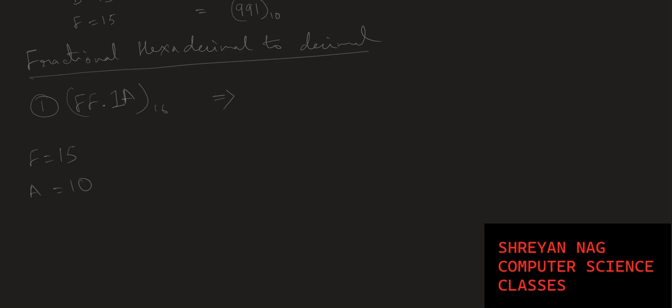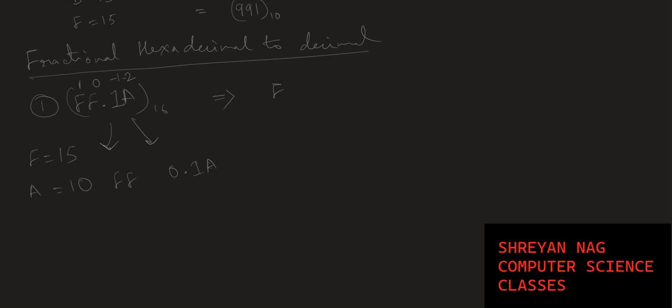Same process as before. We need to split it up into two parts, FF and 0.1A. First we do the part before the decimal point. F is at position 0, this is at position 1. After the point, this is at position minus 1, and this is at position minus 2.